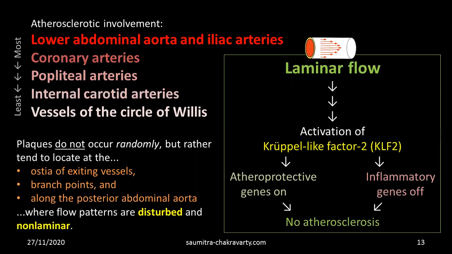Whenever the flow is laminar and there is not much pressure beyond the threshold, Kruppel-like factor 2, KLF2, is activated. It remains activated if the flow is laminar, and it ensures that no atherosclerosis develops within the vessel. The atheroprotective genes are on, the inflammatory genes are off, and ultimately this leads to no atherosclerosis. So do you get the point here?